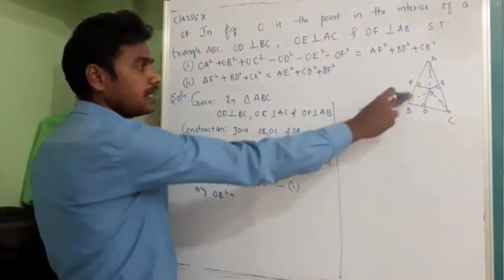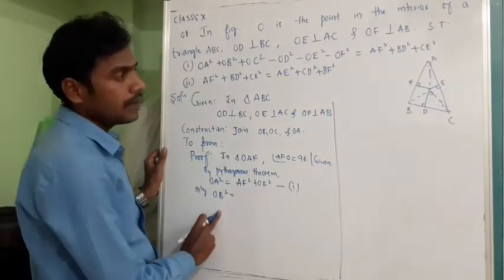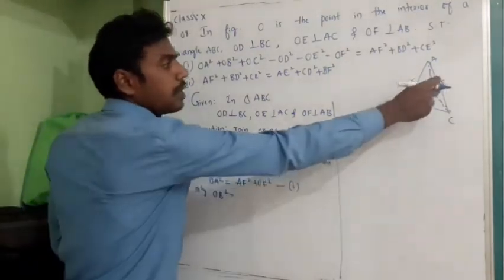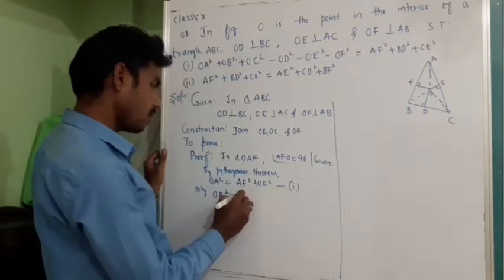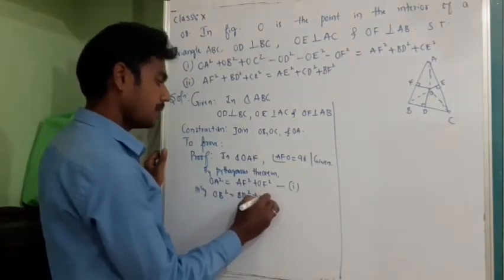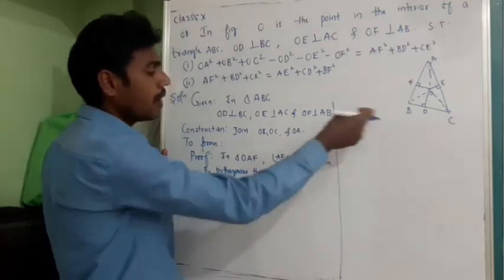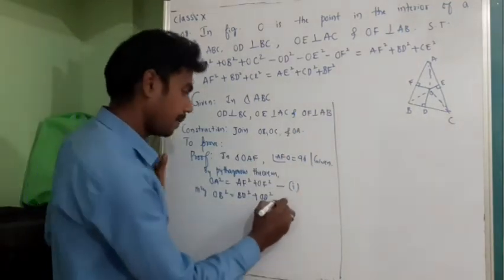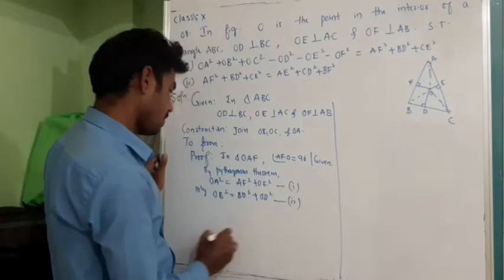So in that, D is the right angle, OB will be the hypotenuse. That is the reason I can write OB square is equal to BD square plus OD square. Based on the requirement we need to write. I'll call it equation number 2.